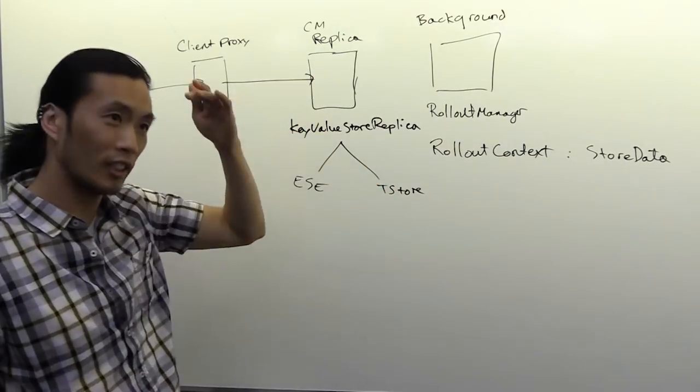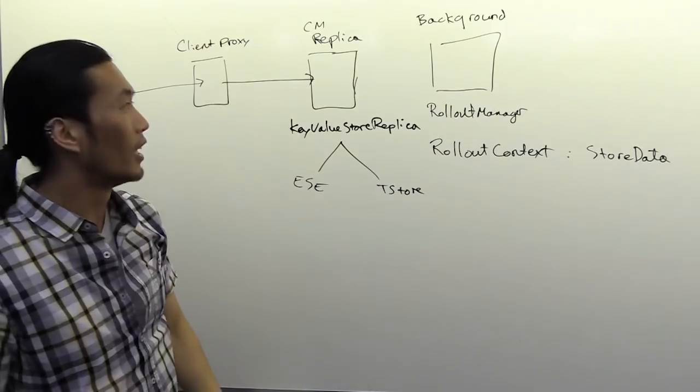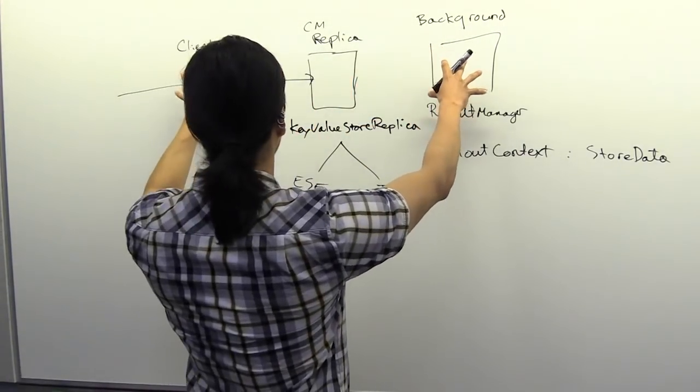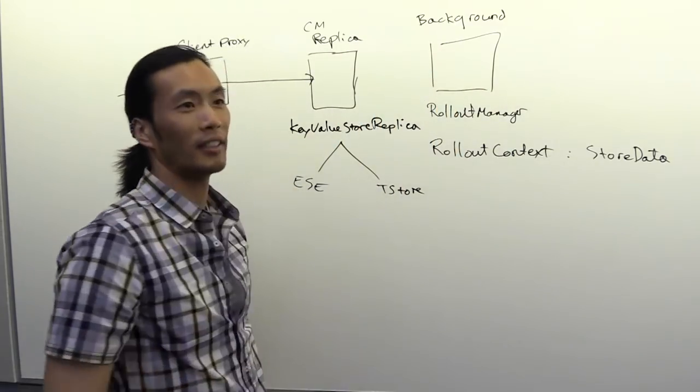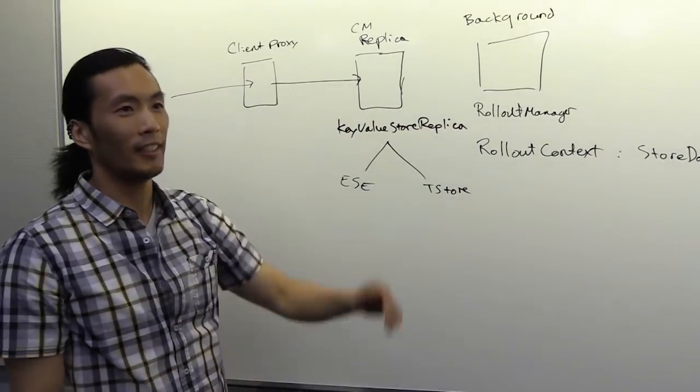The request processing model is also slightly different in the naming service than it is in the CM. The naming service doesn't have this kind of background processing decoupling that the CM does, so it handles these requests and returns.